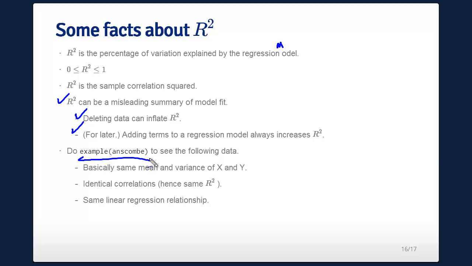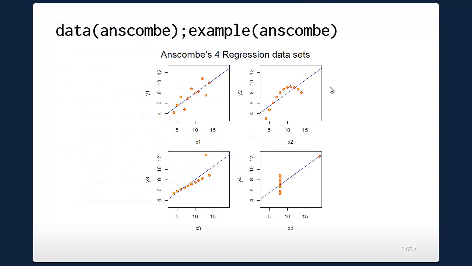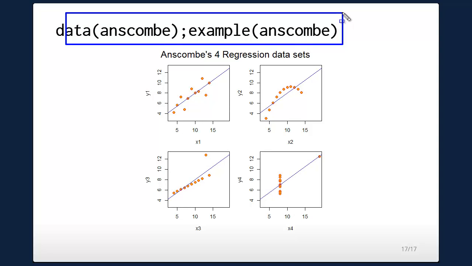And then here's an example. Anscombe came up with a great collection of data sets to illustrate some issues with R squared. They basically have the same mean for the X's and Y's, about the same correlation for each data set, and the slope estimate is about the same. But when you actually plot the data, you can just do it in R by saying data Anscombe and example Anscombe, you see very different regression relationships, and these all have the same R squared.